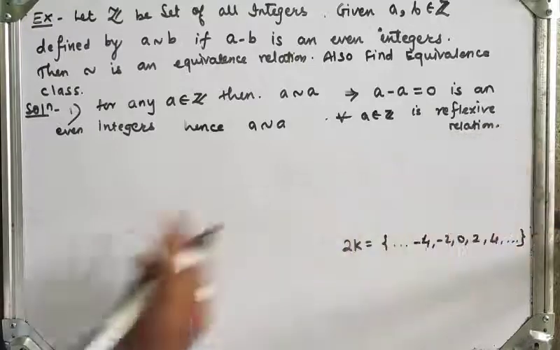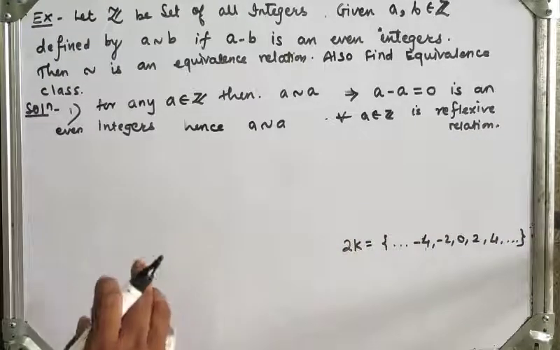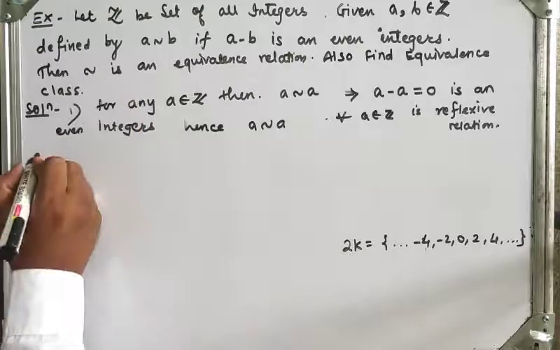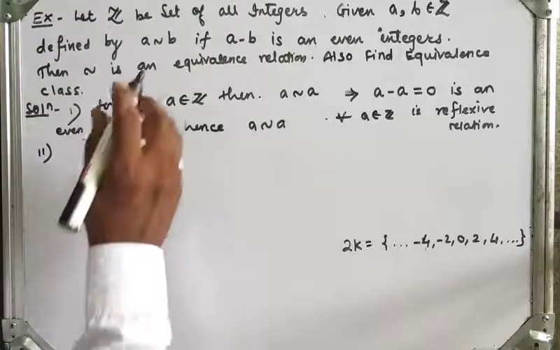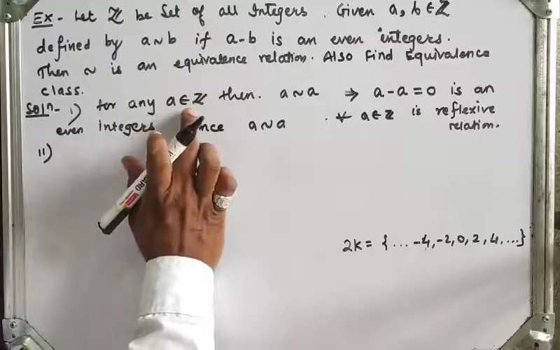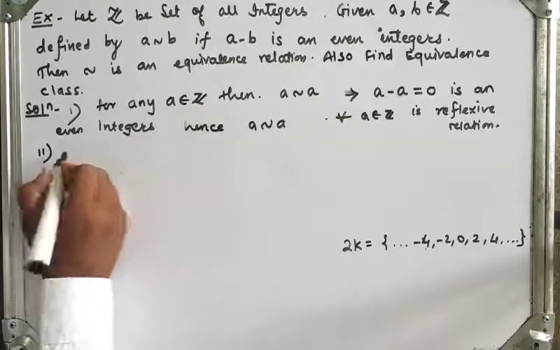Now second case, we have to show that tilde is a symmetric relation. So second, for a symmetric relation I want two elements. So let A, B belong to the set of integers.